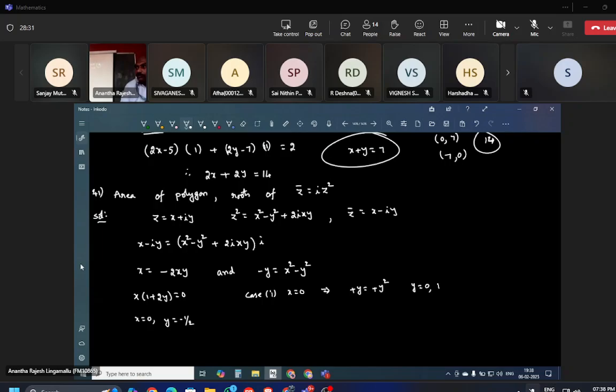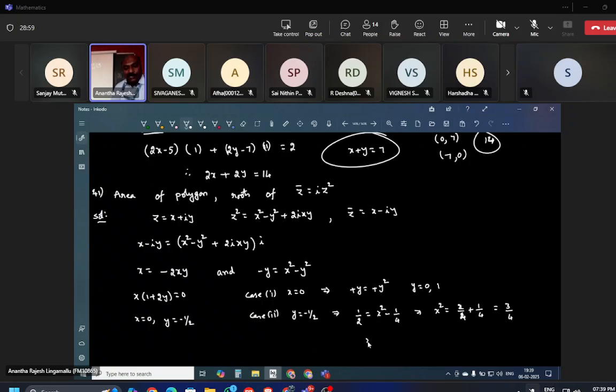Case 2: when y is equal to minus half, how does the equation transform? Y is minus 1 by 2 here. 1 by 2 equal to x square minus 1 by 4. So this implies x square is equal to 1 by 2 plus 1 by 4. Can I write this as 2 by 4? That means 3 by 4.